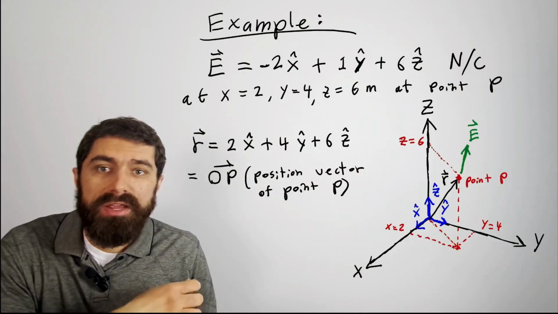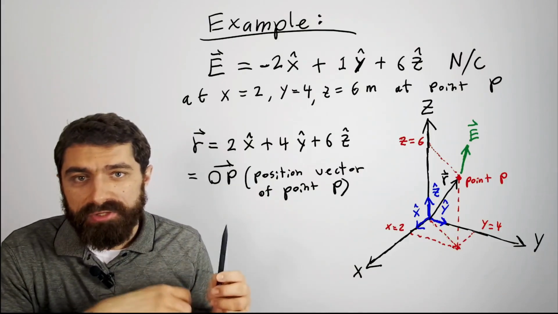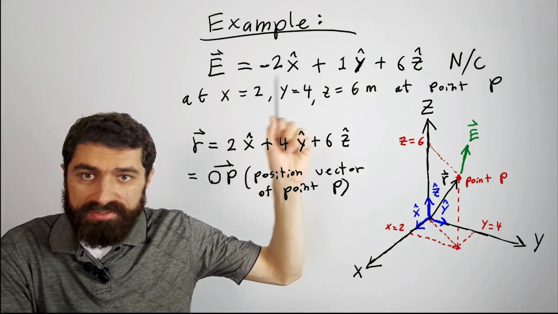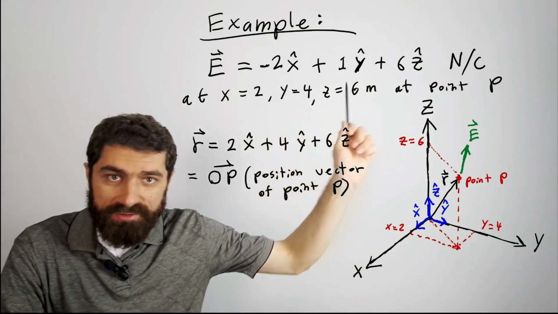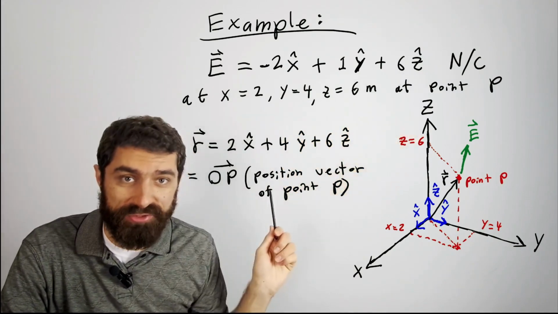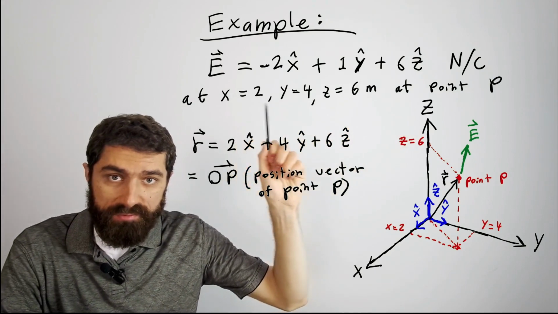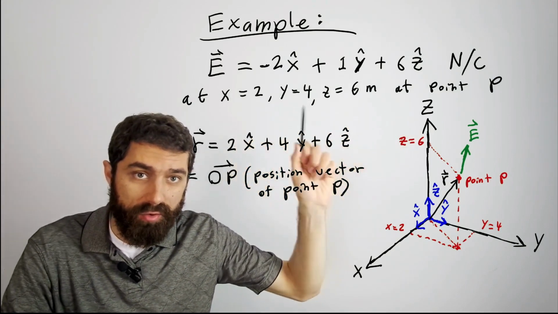For example, suppose we have an electric field with -2 in the x hat direction, 1 in the y hat direction, and 6 in the z hat direction, and it's at this following point with the x, y, and z coordinates here.